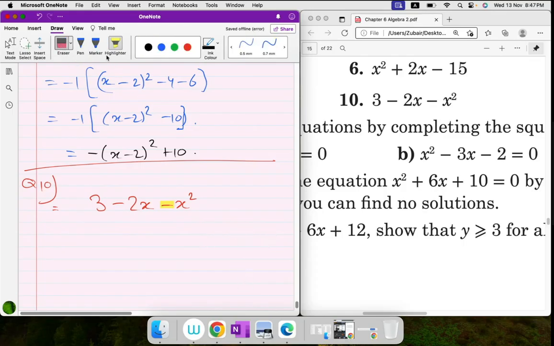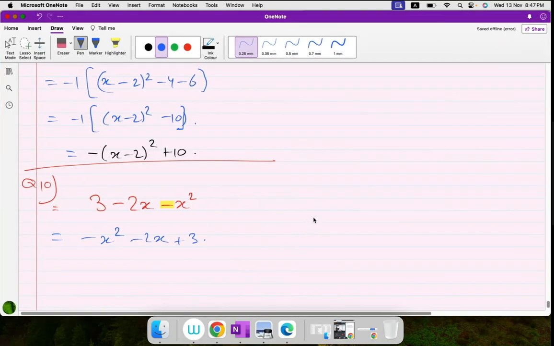So it will be minus x. I'm getting x plus 3 square minus 6. Haris, same question. Where is this negative sign? It should come outside.